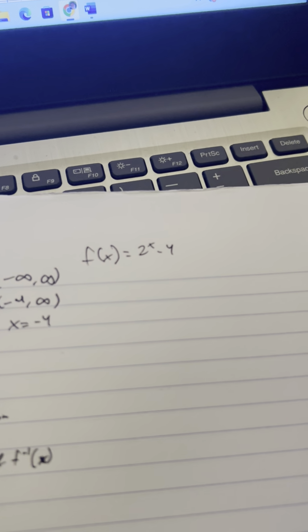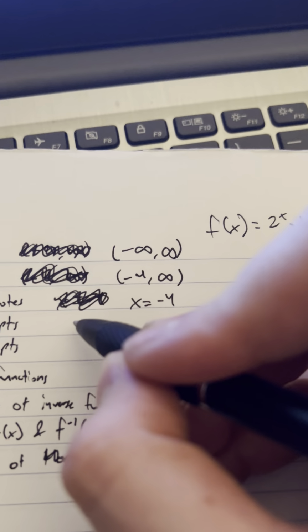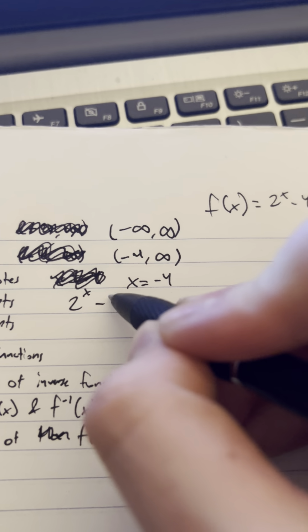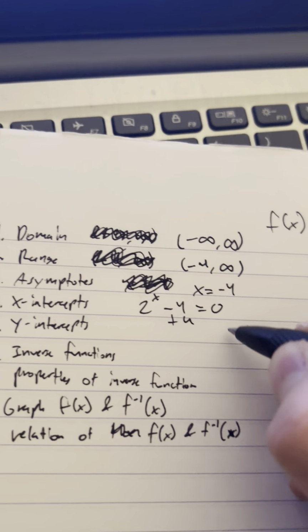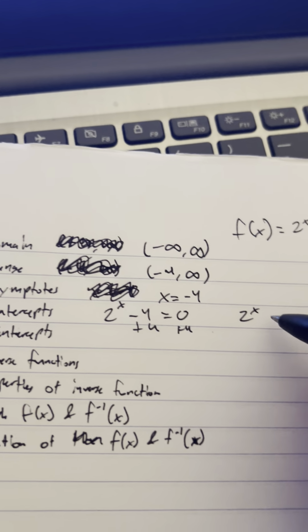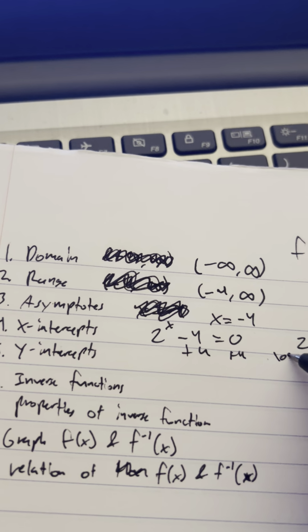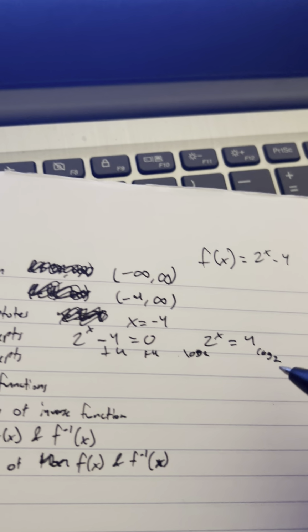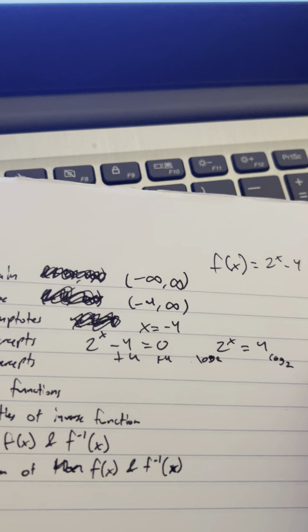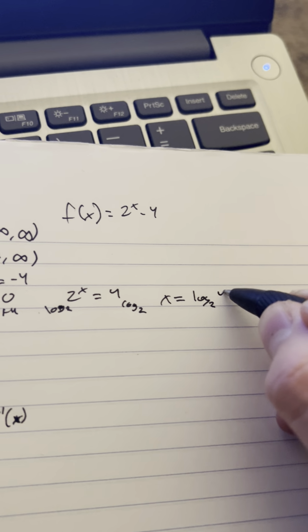Now we're going to find the x and the y-intercepts for this specific function. To find the x-intercept, we're going to set the equation itself equal to 0. So 2 to the power of x minus 4 equals 0. To work through this, we're going to add 4 to both sides. 2 to the x equals 4. Then we're going to take log base 2 on both sides, and that's going to leave us with x equals log base 2 of 4.